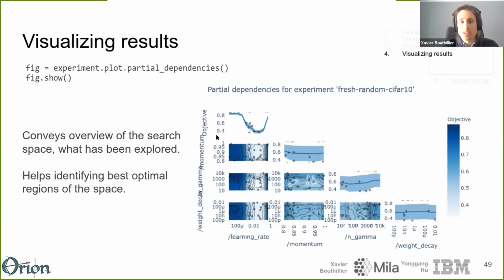And I really like this type of visualization because, as I was saying earlier, if you run for 5 times the number of dimensions, and then you visualize this partial dependency plot, now you can see, okay, I'm wasting a lot of resources on these values of learning rate. So now I will continue this hyperparameter optimization, but I will narrow it down to this region instead, to make sure that all the trials I'm trying out are worth the time.